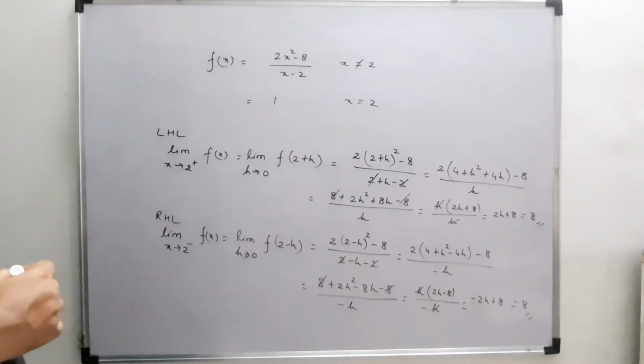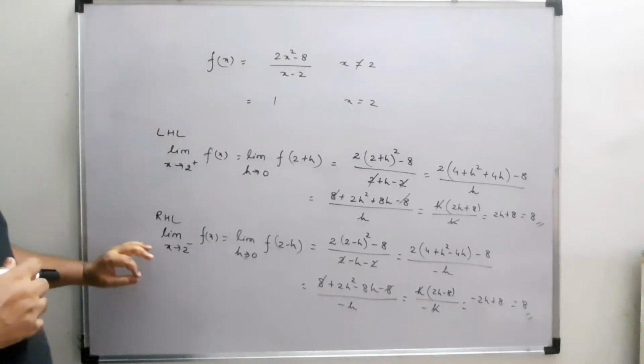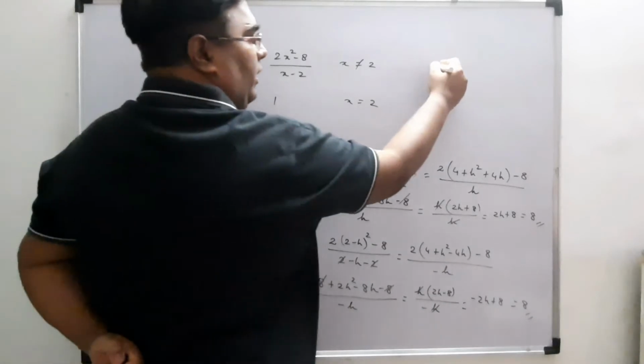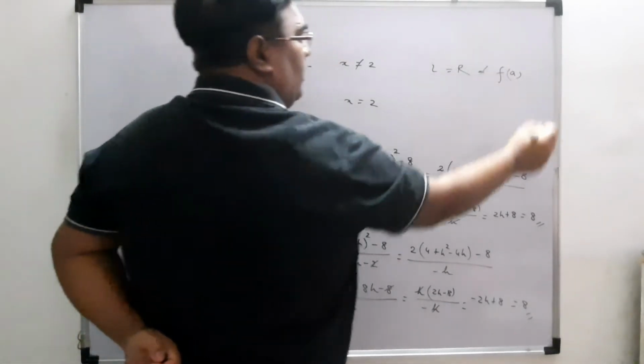So in RHL also we have got 8. So LHL is equal to RHL, but it is not equal to my f(a). L is equal to R, but it is not equal to f(a).